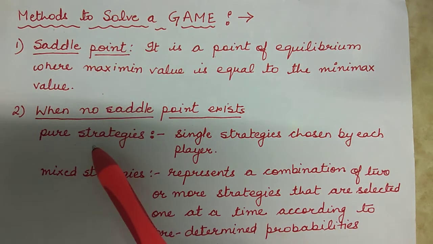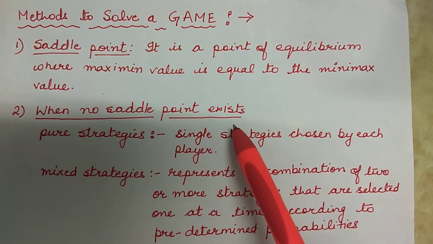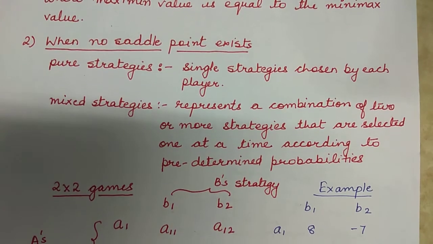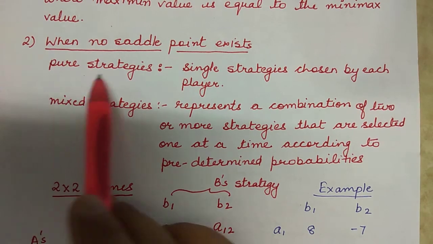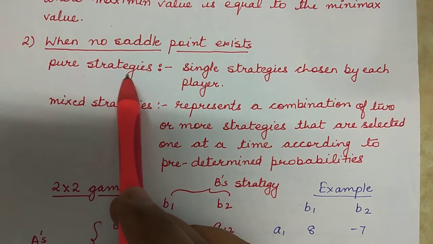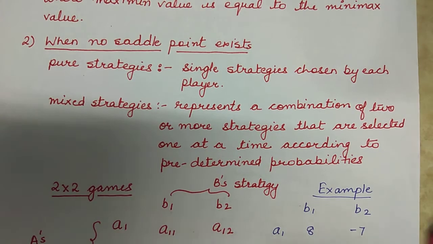Now the second situation is when there is no saddle point in the game. So there are two kinds of strategies that we must know. First is known as pure strategies, which we will be getting in case there exists a saddle point.